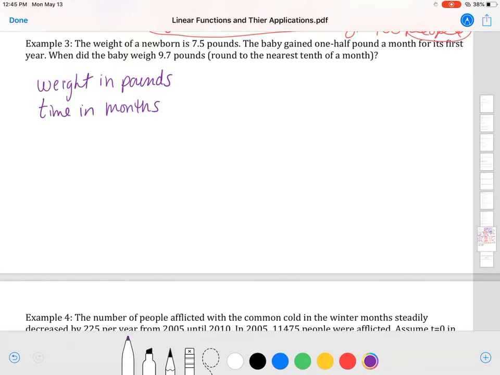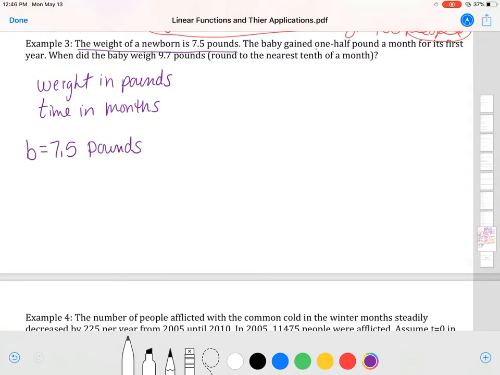Now, some information here that they give us. It says the weight of a newborn is 7.5 pounds. Now, even though the question didn't use the word initial there, we can assume that that's the baby's initial weight because it's the weight of when he was born. So 7.5 pounds would be our B. That's our initial weight.